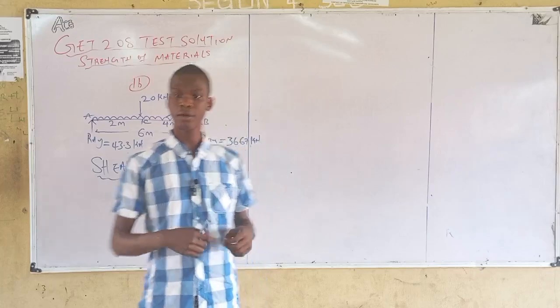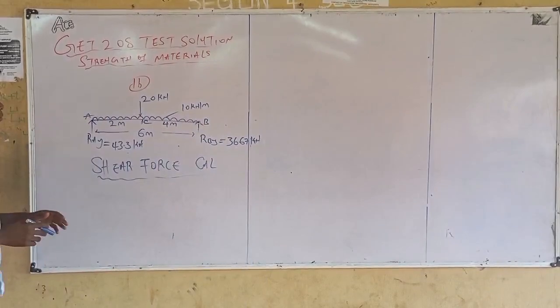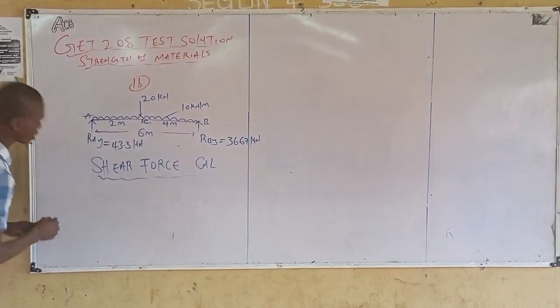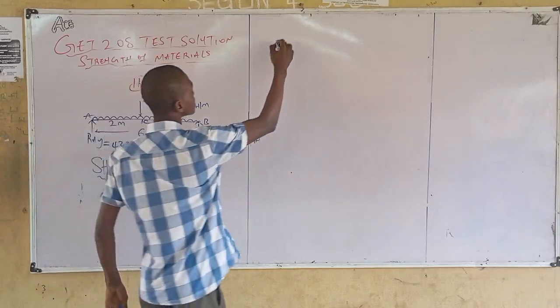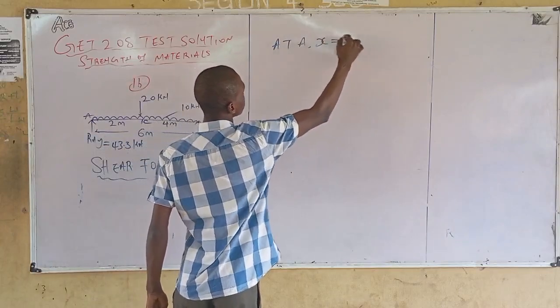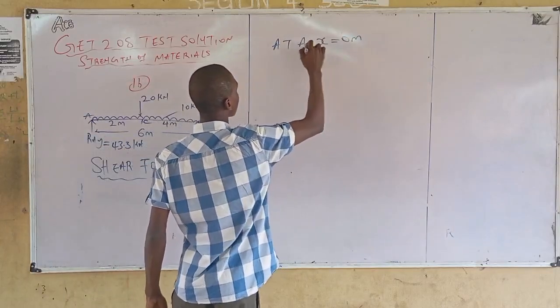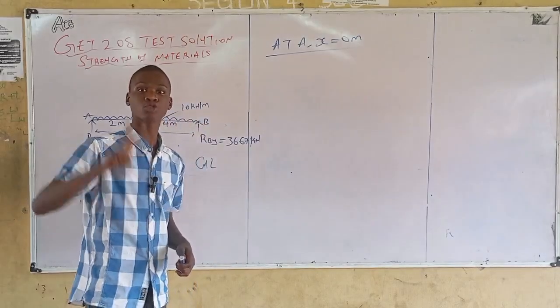Now let's apply. The first point I'm seeing here is what? At A. At A, meaning x equals 0 meter. You already know that we're calculating shear force value at A twice.